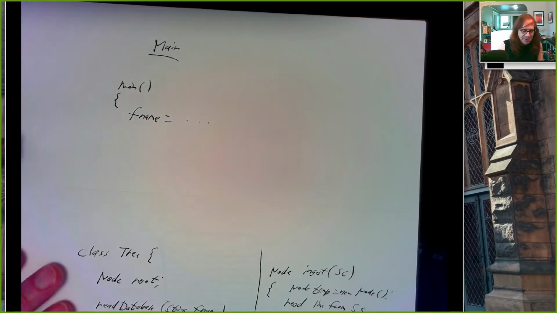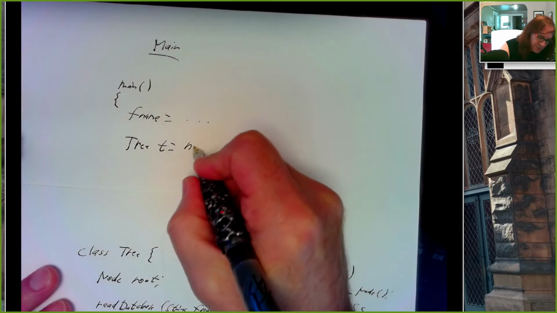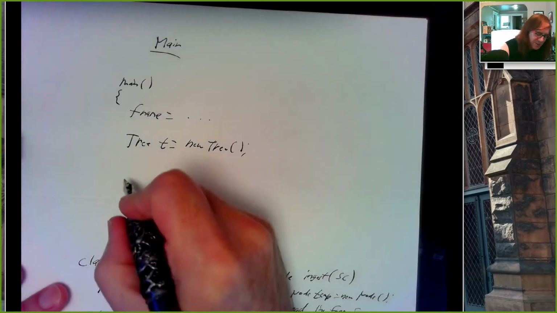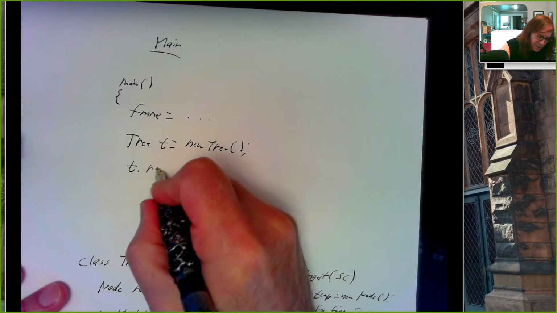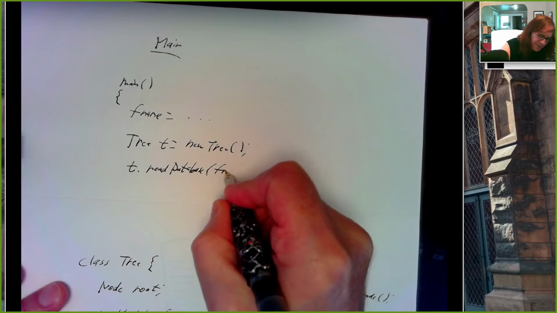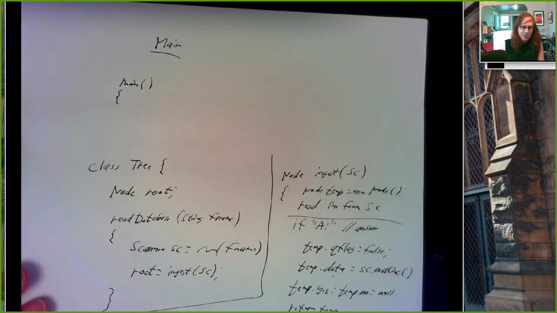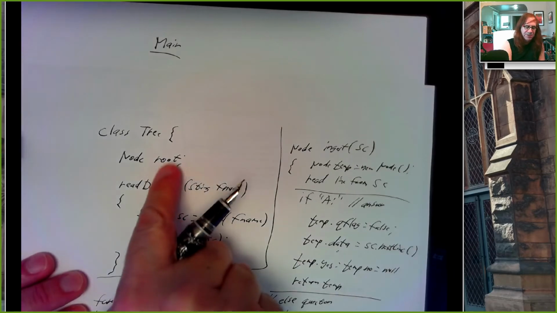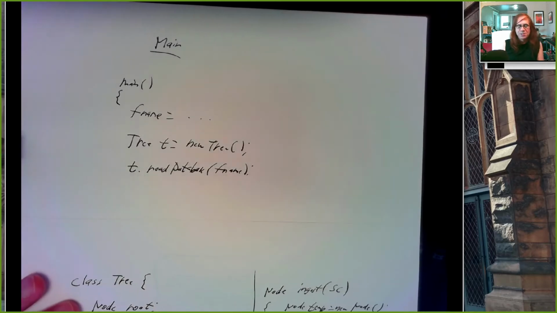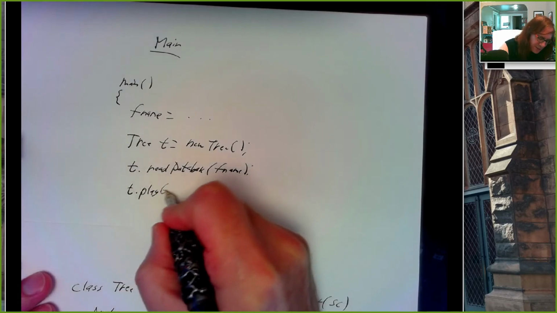But once you decide that, you can now say tree t equals new tree to construct an empty decision tree, and then you can say t dot read database and pass it the file name. And that will run all of this code, and when it's done ingesting, it will set the root of this tree equal to what ingest returned. And now you've got a decision tree ready to go, and if you want to play, you can say t.playGame.